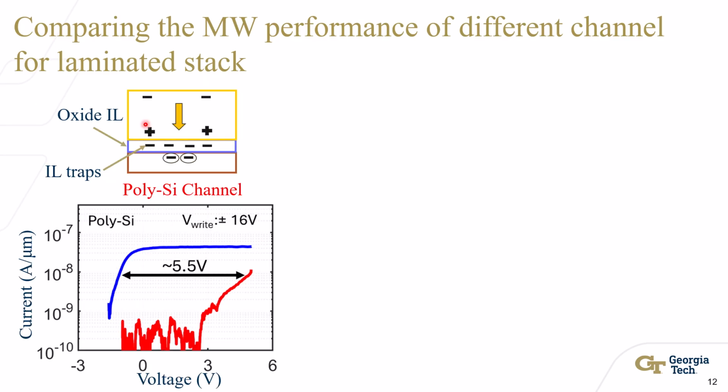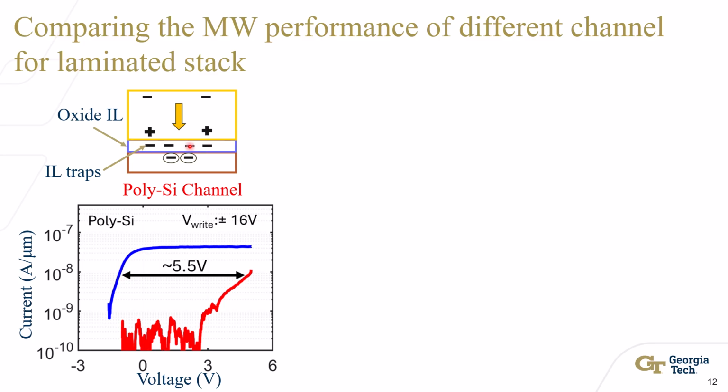So in case of a polysilicon channel, we have an oxide interlayer. When we apply a positive voltage on the gate metal, the ferroelectric polarization is aligned in a way where it is pointing down, and the positive charges are as shown here. So when we apply a positive voltage, that can lead to trapping of electrons in the channel interlayer.